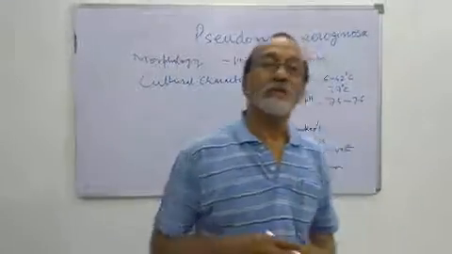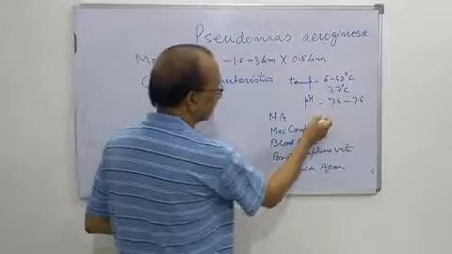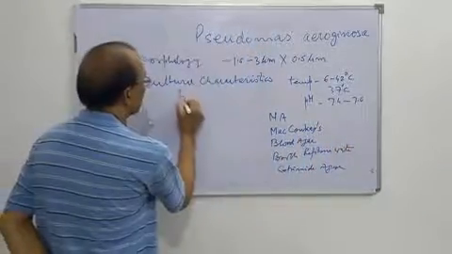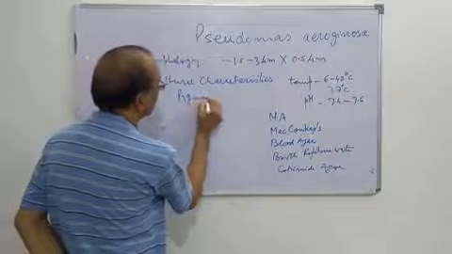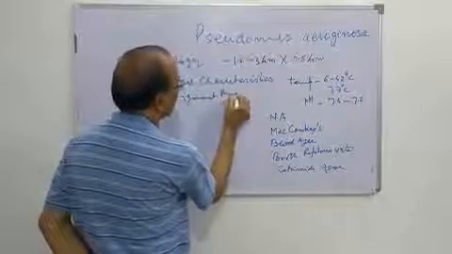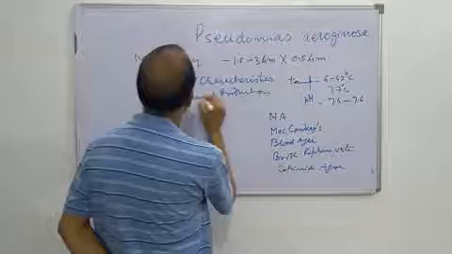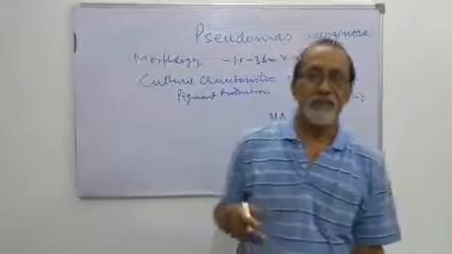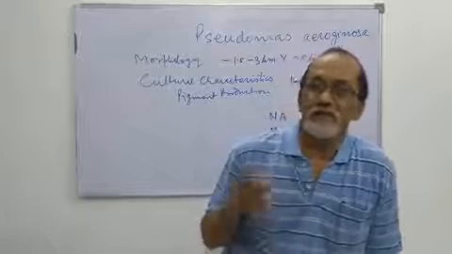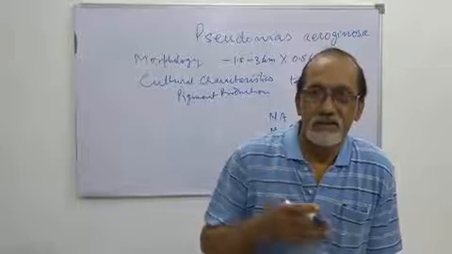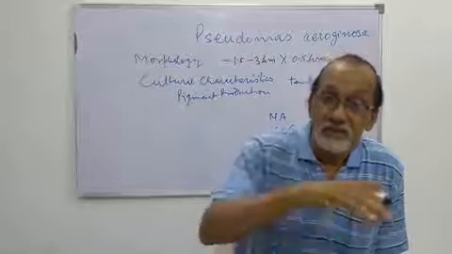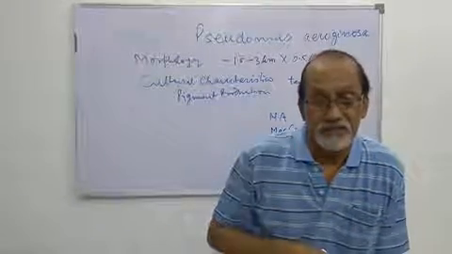Now we will talk about pigment production. Different types of pigments are produced by Pseudomonas aeruginosa, and they diffuse in the surrounding media.